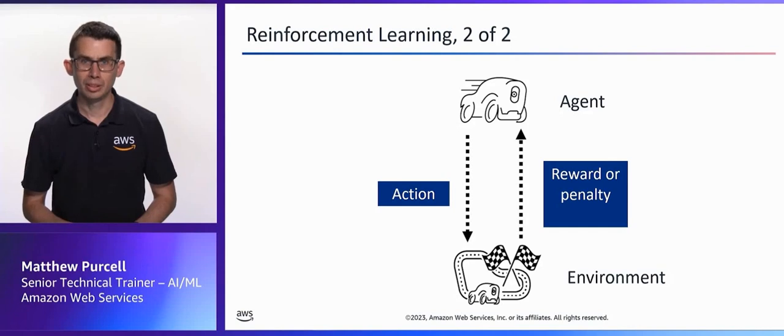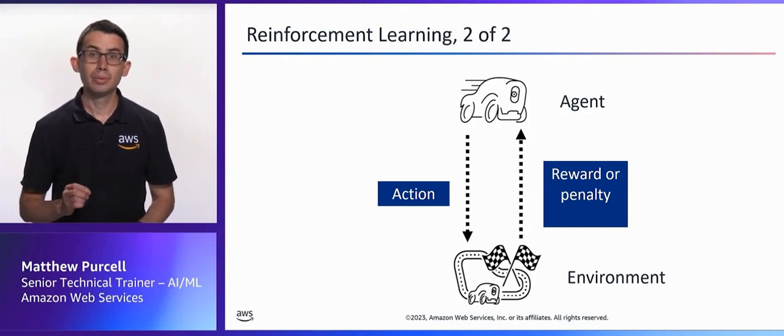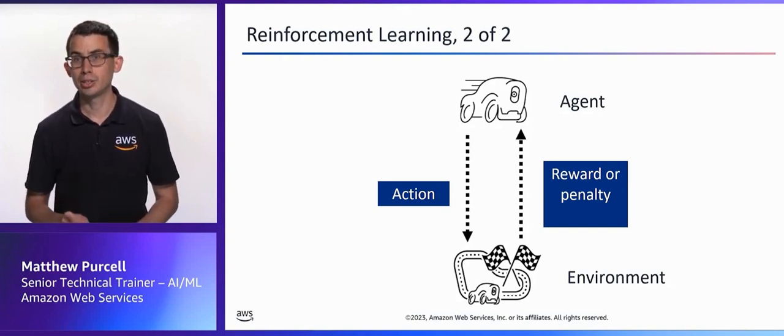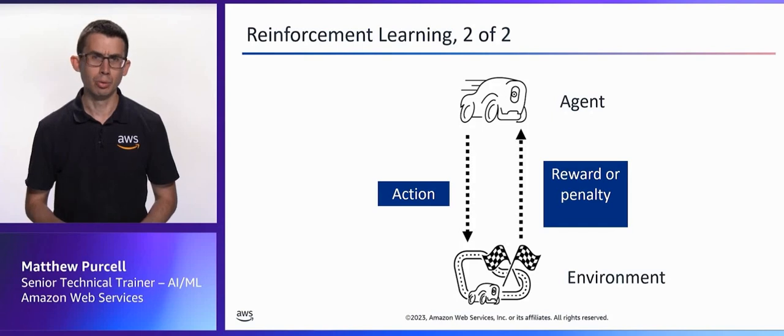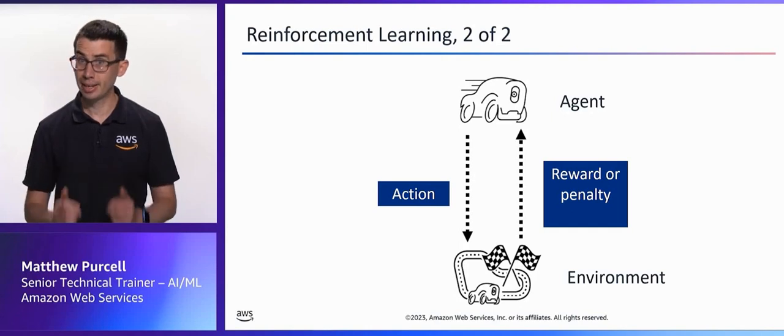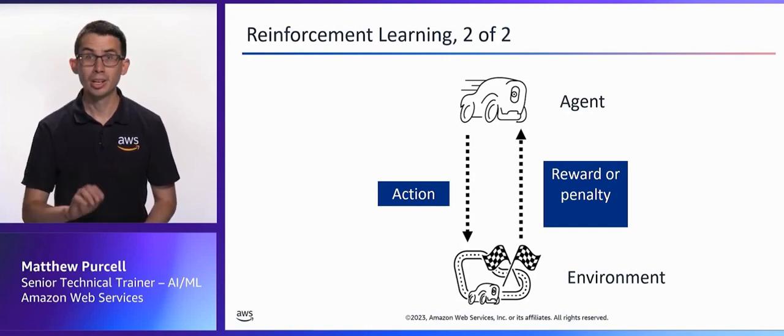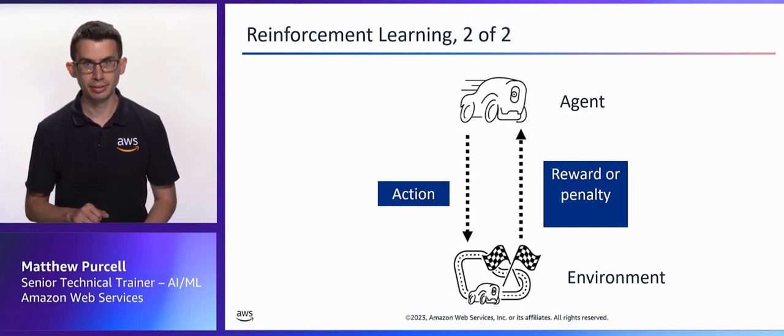In reinforcement learning, the thing driving the learning is called the agent. In this case, it's the Deep Racer car. The environment is the place where the agent learns, which in this example would be the racetrack. The agent has a goal within the environment. In the case of Deep Racer, it's completing a lap around the track as fast as possible, but without going off the track.